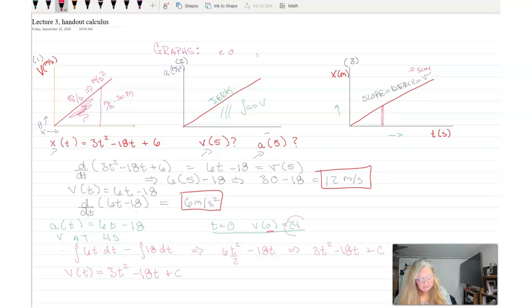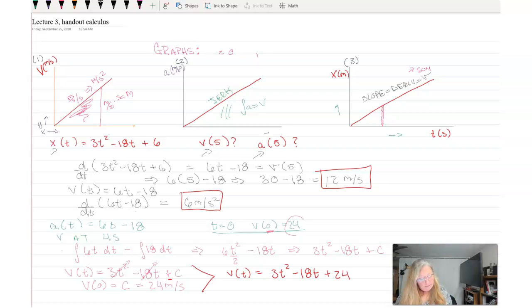If t equals 0, that goes away, and I'm left with v of 0 equals c. Well, I know at time t equals 0, I have 24 meters per second. So that is my constant. So in the end, I have a function for v of t: 3t squared minus 18t plus my 24.